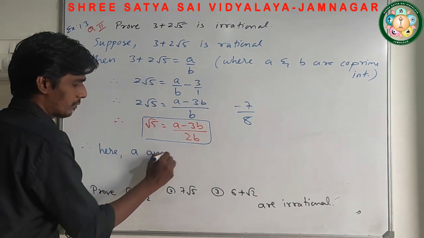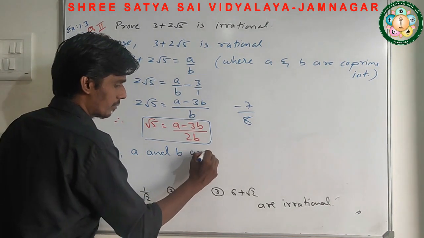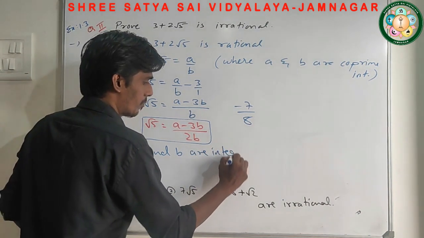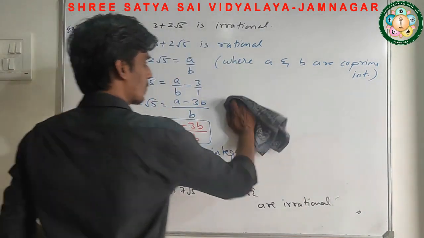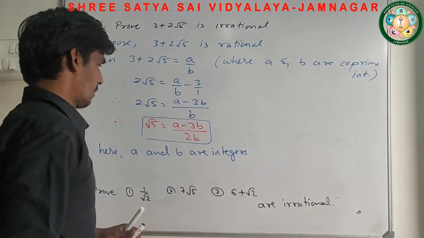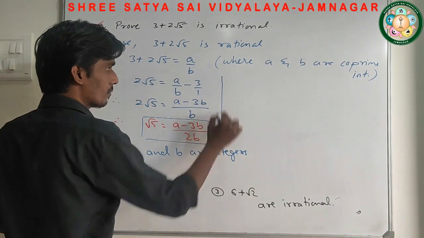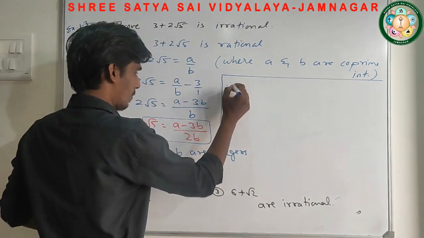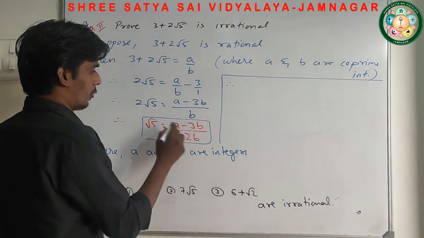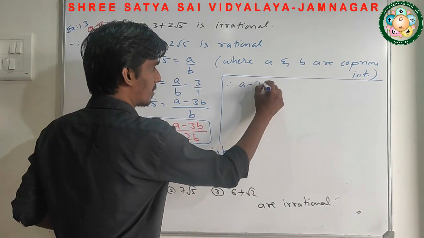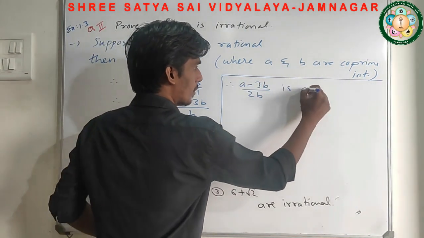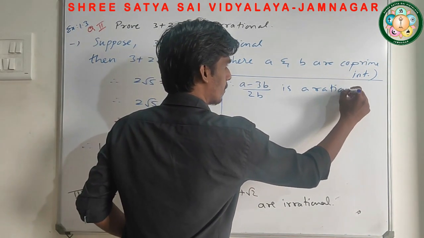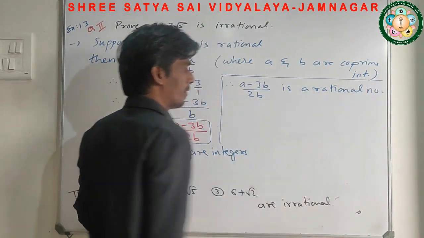So, from this, I can see that here A and B are integers. Therefore, this A minus 3B upon 2B is a rational number.